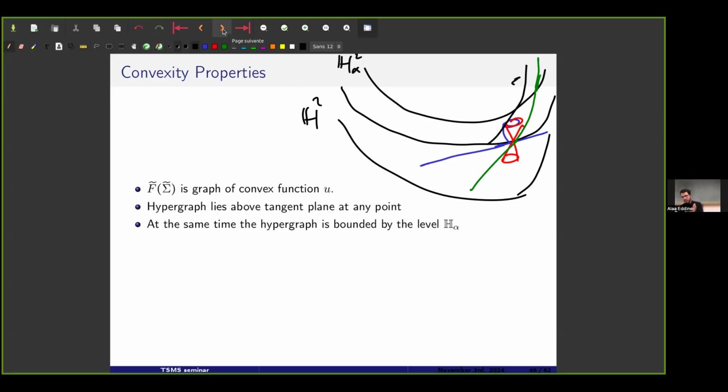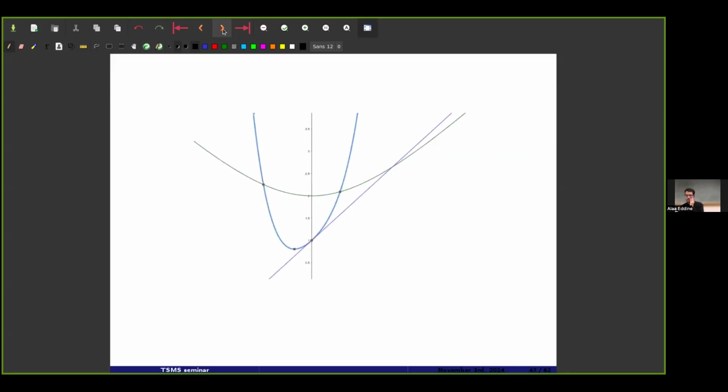It is really convexity at each step, and this comes from the curvature of the metric. So here I just drew an example where, if the tangent plane is very close to the cone, the graph of the function must intersect the level H2R. Okay, and this finishes the proof of the rigidity part.